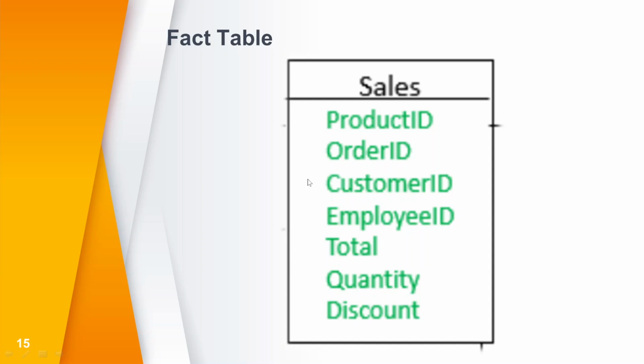So these are the different foreign keys that we have in our fact table. This particular foreign key is connected to the product dimension table. Later on, we'll be discussing the dimension table. These are part of the composite key of the sales fact table.